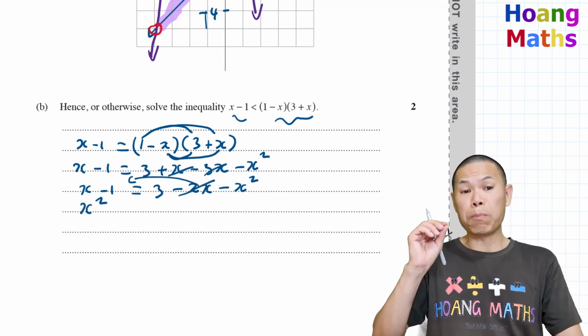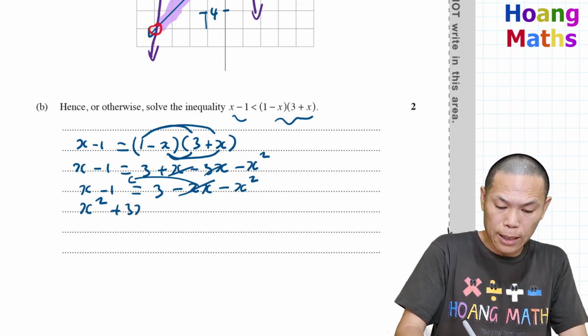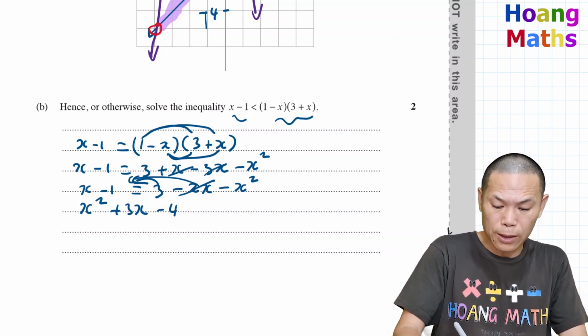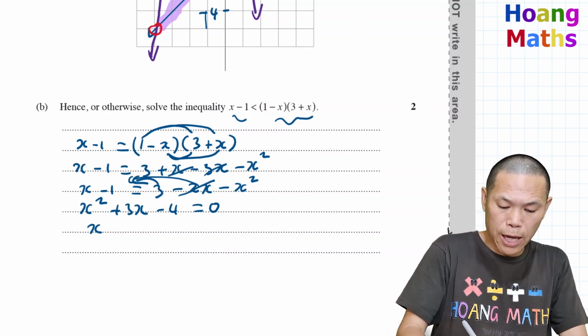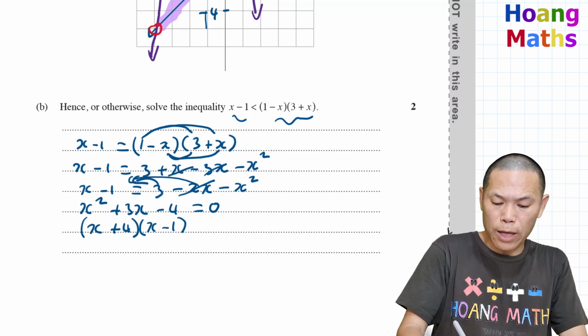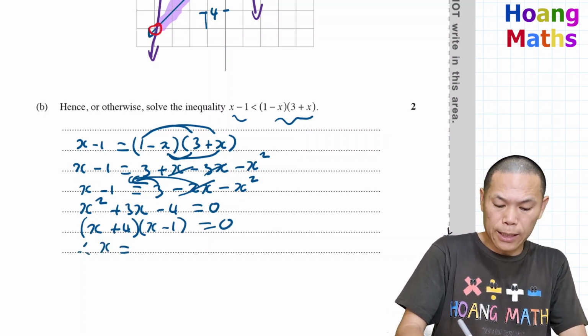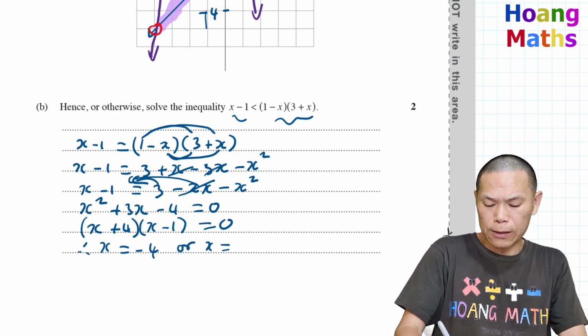So that becomes plus 2x. So x plus 2x is 3x. And then the 3 moves to this side, becomes negative 3, so minus 4. And then we just factorize it. So that will give me x plus 4, x minus 1 is 0. So therefore, x is negative 4 or x is 1.